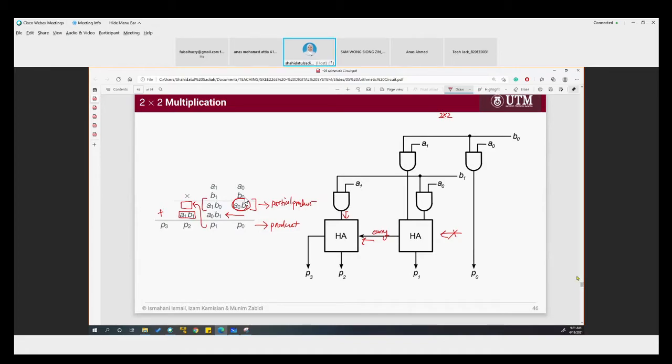Okay. Another important thing that you need to know is the row of adder. Row that contains adder. If we perform 2 by 2 multiplication, there are 2 partial products and we need 1 row of adder to add the 2.